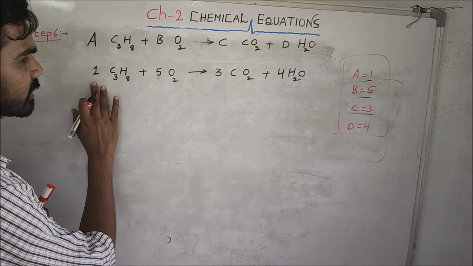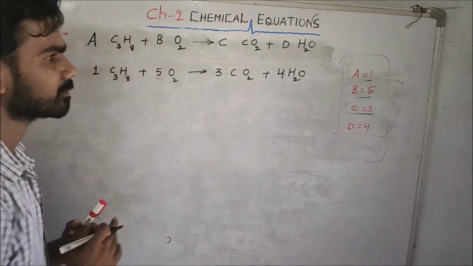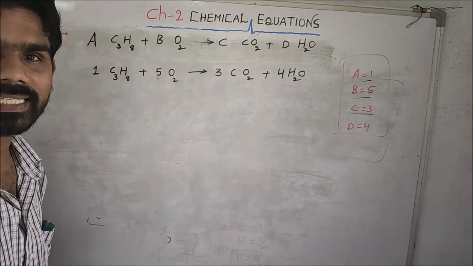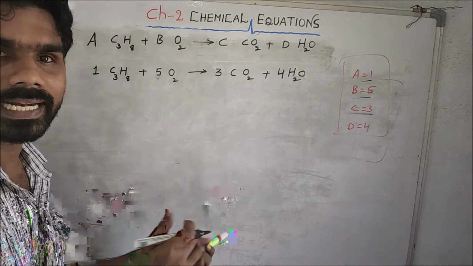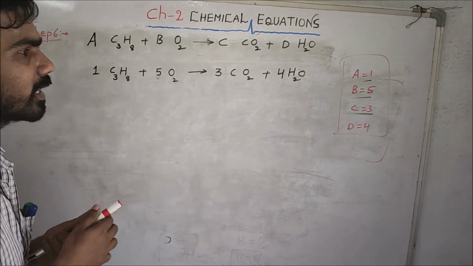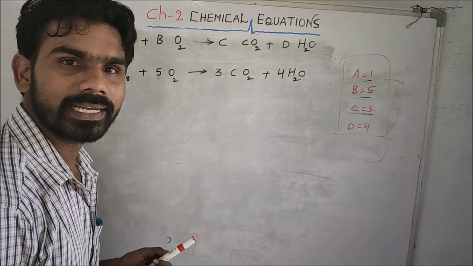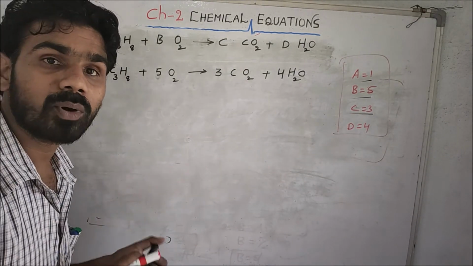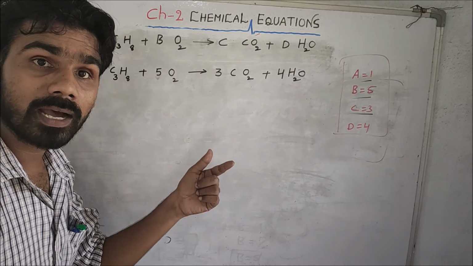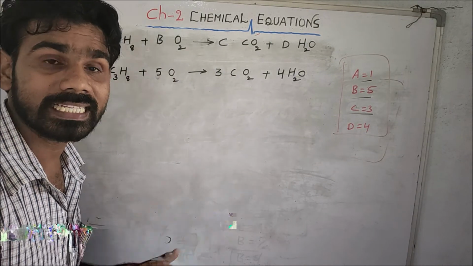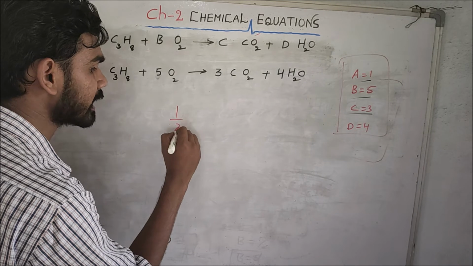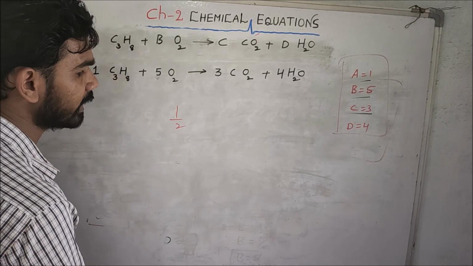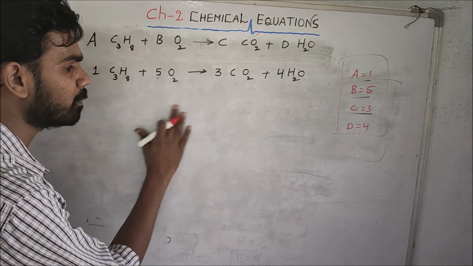Now in step 6, there is no fraction. There is no numerator, denominator. When there is no denominator, we should not multiply any number. It's very important. In the previous problem, as we had a fraction, we multiplied the denominator.